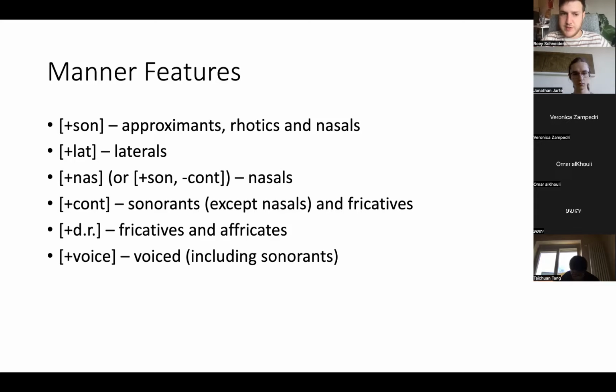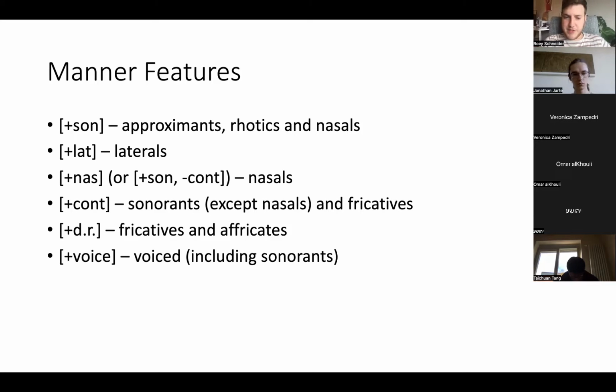So sonorants are approximants, rhotics, and nasals, including also glides, which are approximants. So L, M, N, R, W, Y. Those are the sonorants in English, and N also. And all the others are obstruents. So all the stops and fricatives, they are obstruents.